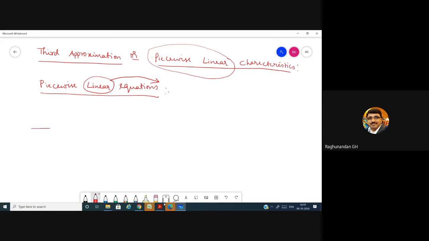Okay, so what they did here is the same thing. Every approximation is just an improvisation. Diode is there, and in the second approximation we had a diode with a battery. In the second approximation, we found the drawback or limitation, and also we came to know the solution for that, right?